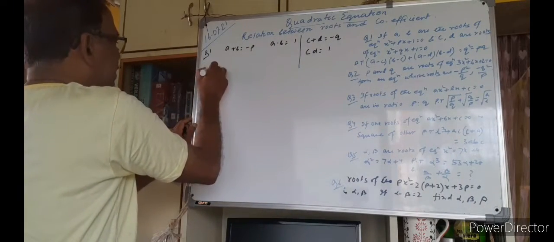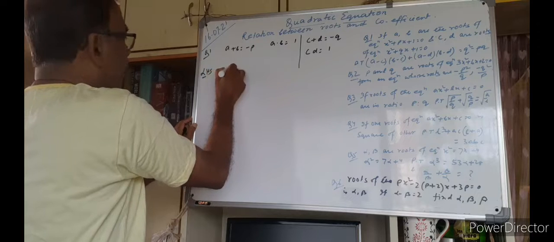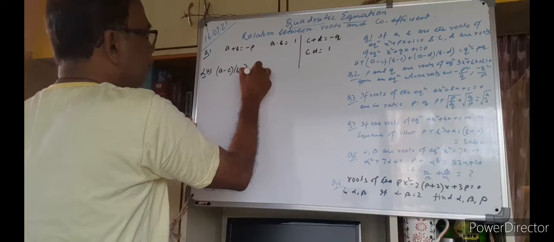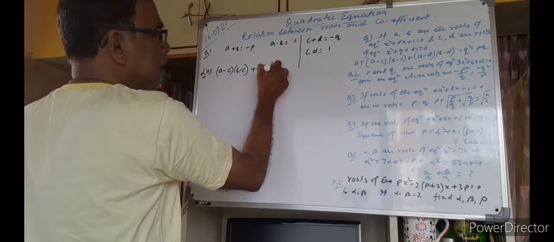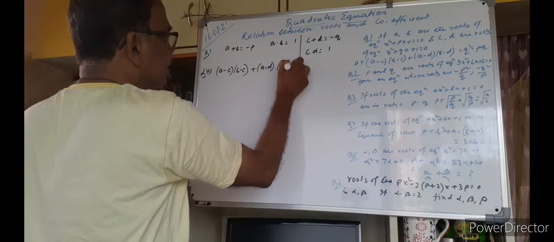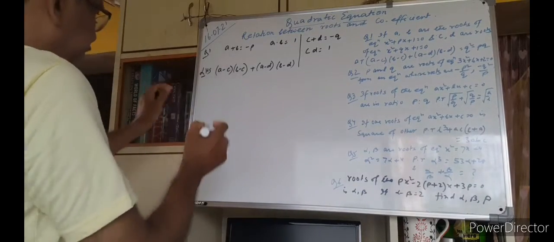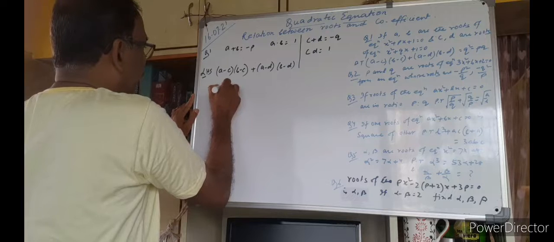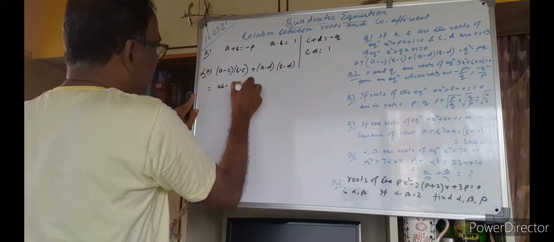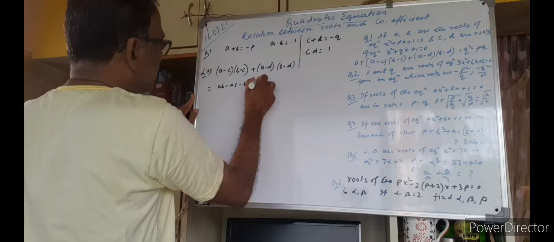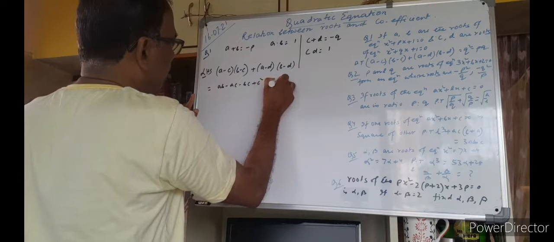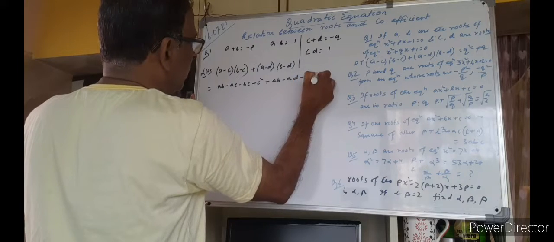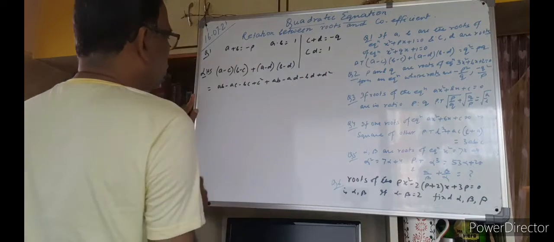Now the left hand side: a minus c into b minus c, plus a minus d into b minus d. Now multiply: ab minus ac minus bc plus c squared, plus ab minus ad minus bd plus d squared.